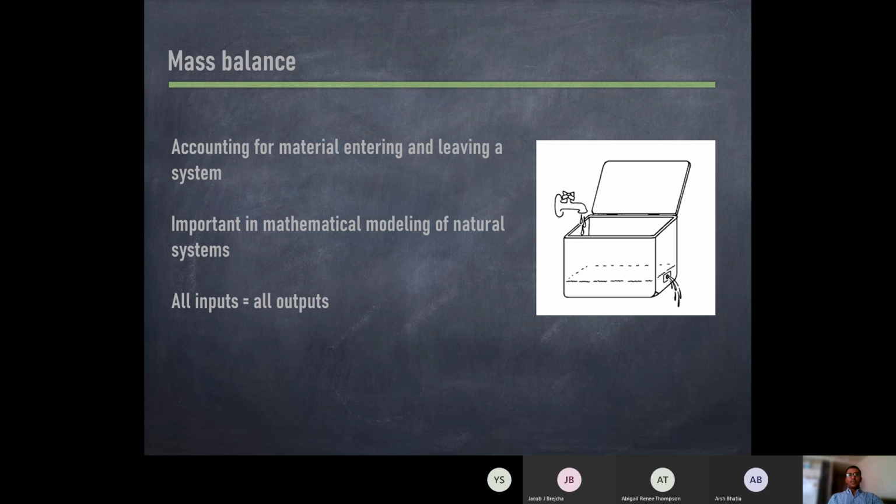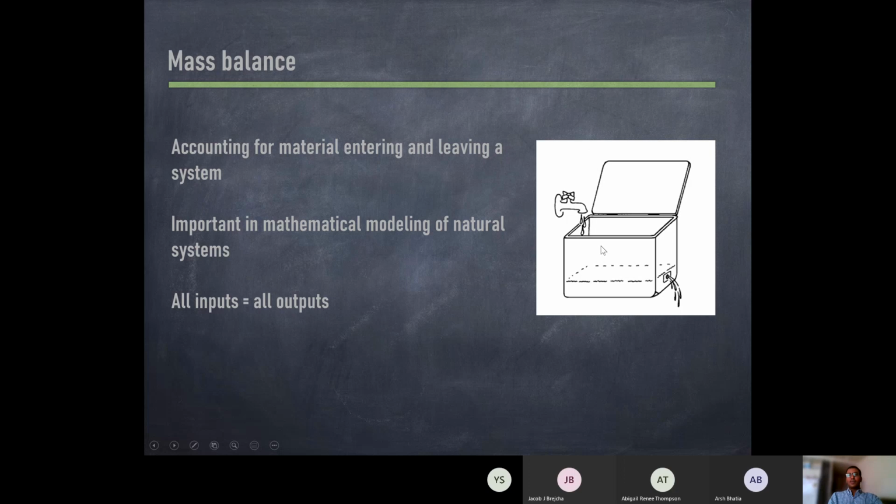So mass balance equation, or mass balance. What is mass balance? Mass balance is basically accounting for material entering and leaving a system. I have a simple illustration right here. If you are following, this is basically an open box, and there is an outlet at the bottom of this open box.